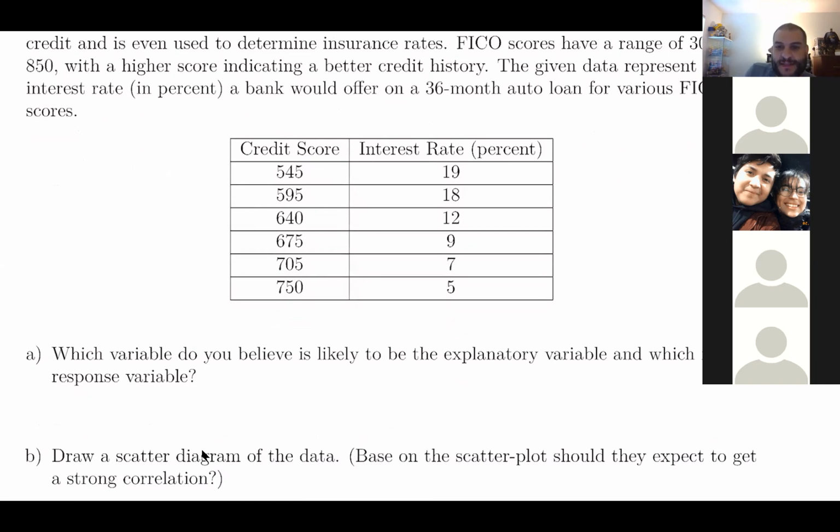So let's do explanatory variable. Which one should be my explanatory variable? Credit score or interest rate? Credit score. Perfect. Good job. So let's say credit.